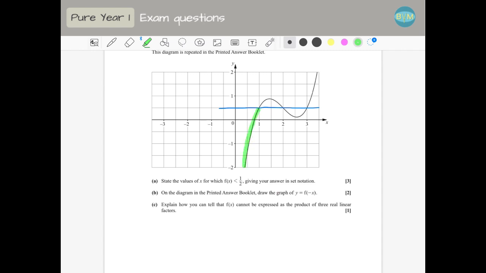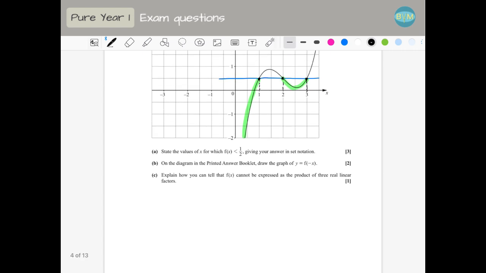So in this bit and in this bit, which is x smaller than 1, so before 1, and between 2 and 3. So this value is 2 and this value is 3. So it's going to be when x is smaller than 1 or when x is between 2 and 3.